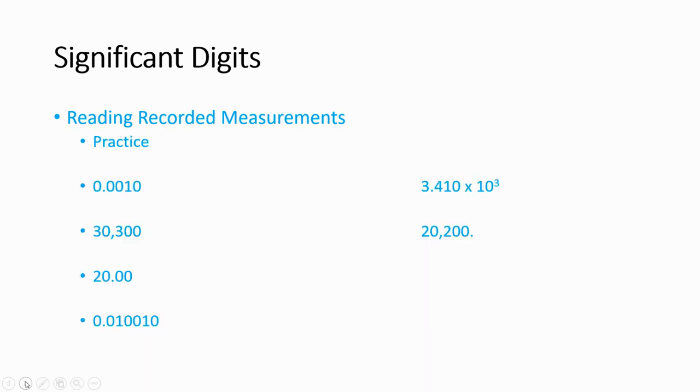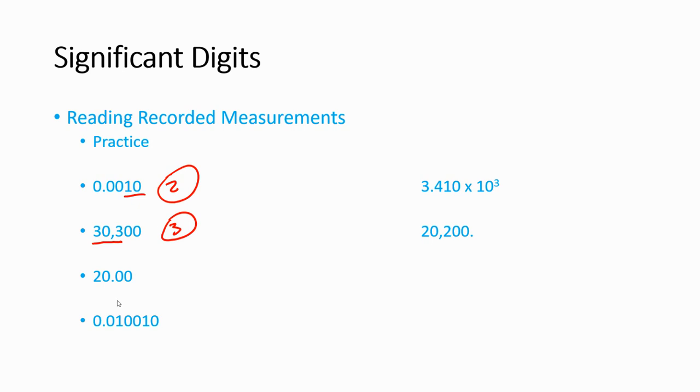All right, some practice. 0.0010. The last 2 digits qualify. That last 0 is to the right of the decimal and to the right of a non-zero. This has 2 significant figures. 30,300. Those 3 are significant. The last 2 zeros are before the decimal place.